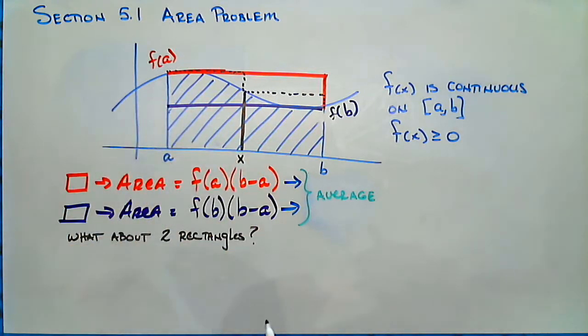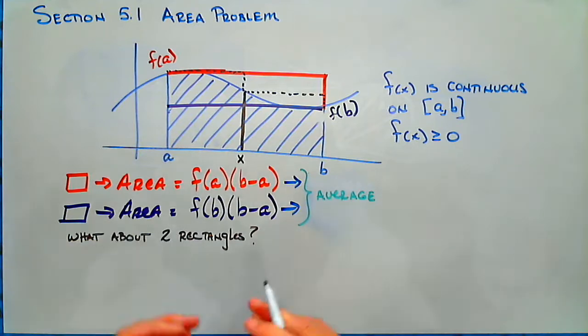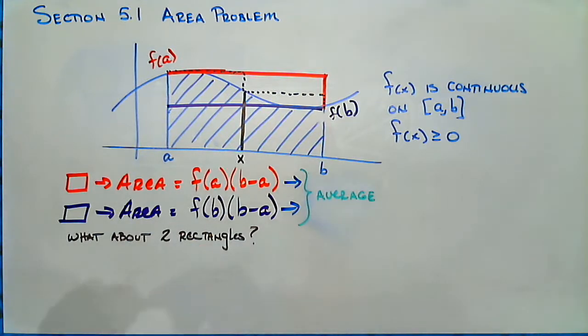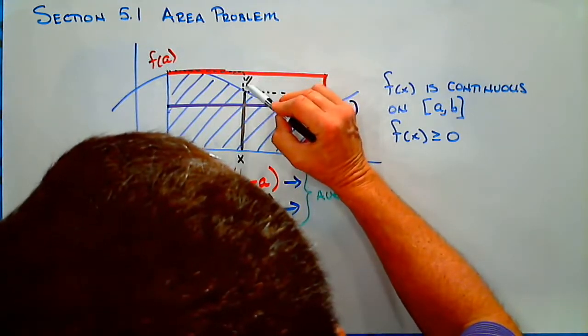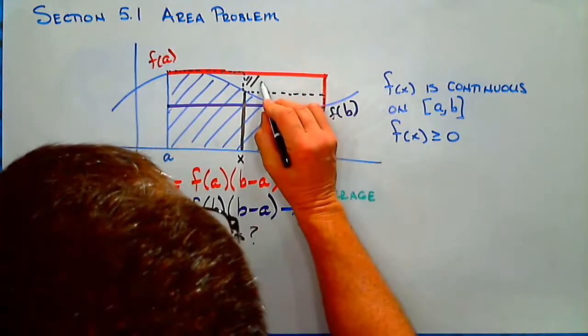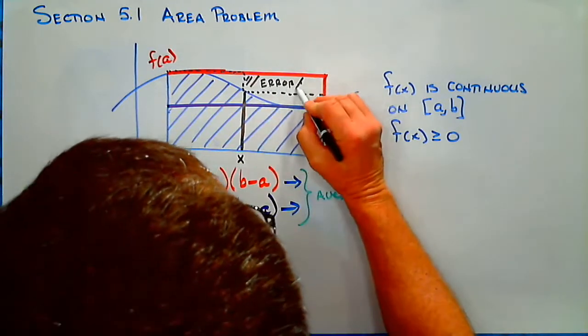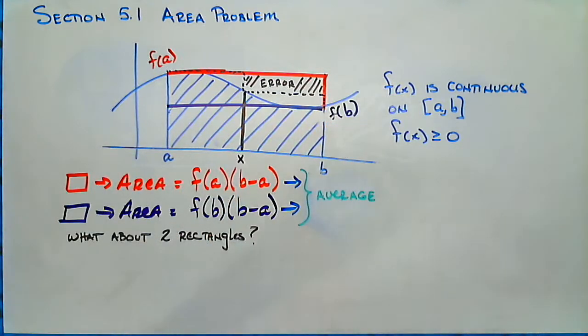If we take a look at our picture, we can see an improvement. There's an improvement here over what we had done before. What we did before with the red, we have eliminated part of our error. This right here, this part of our error is no longer included.